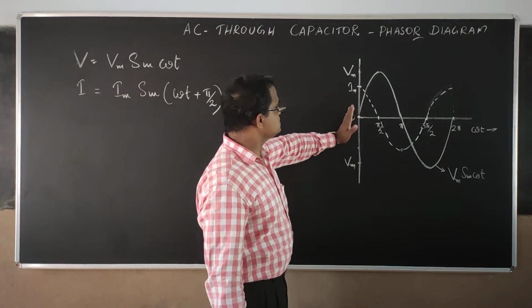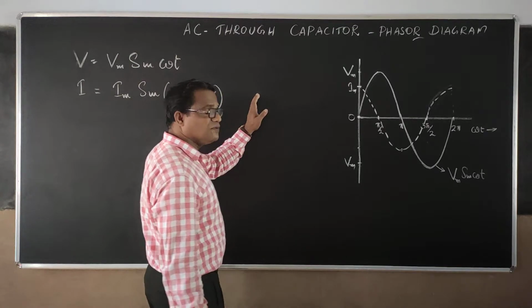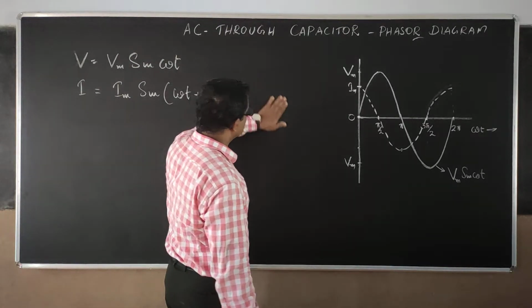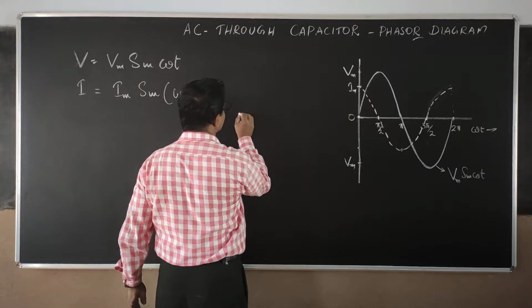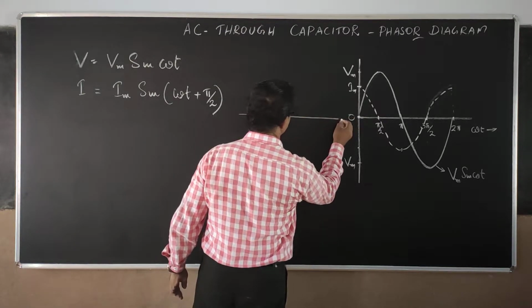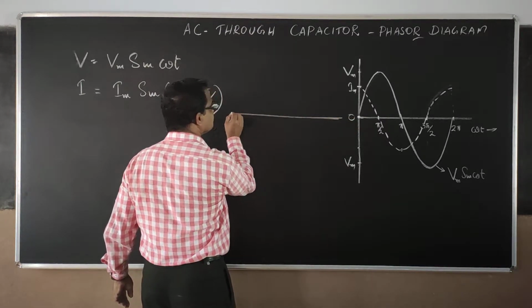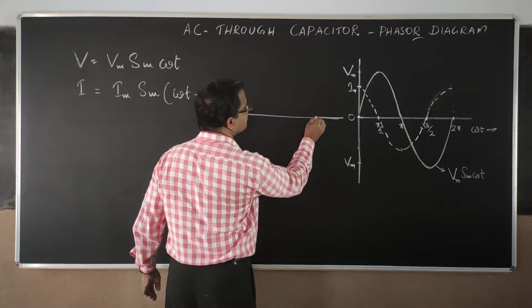Now based on this, I have to draw the phasor diagram. So to draw the phasor diagram, let us consider the 4 quadrants here. I am taking the 4 quadrants onto this side.